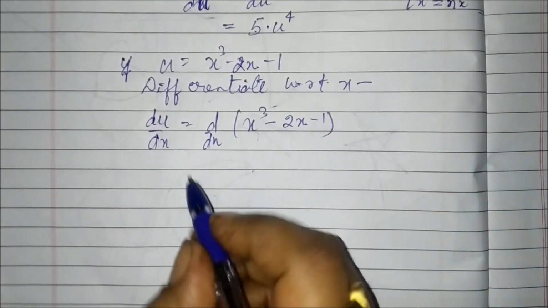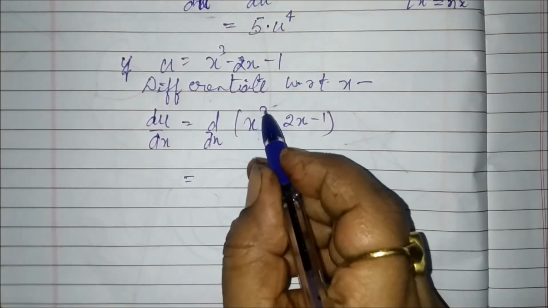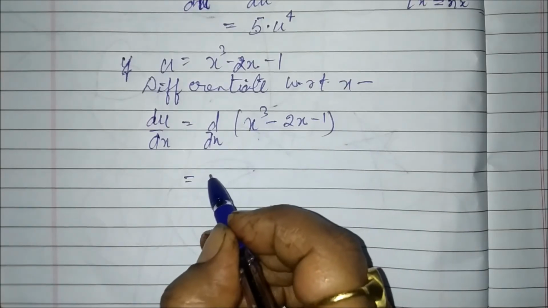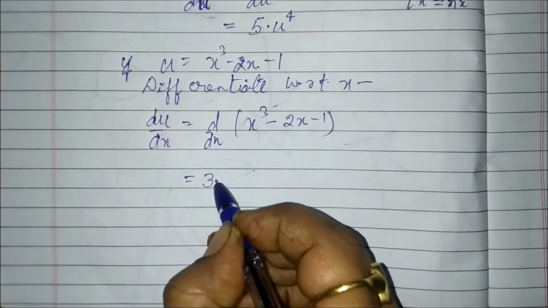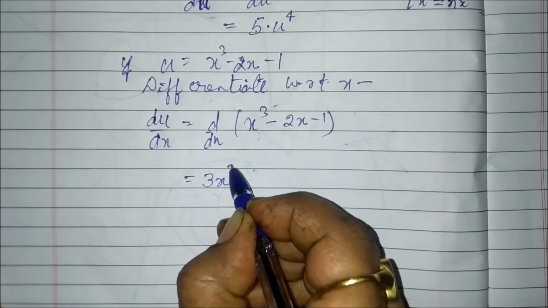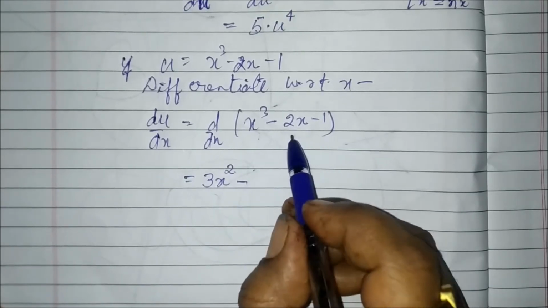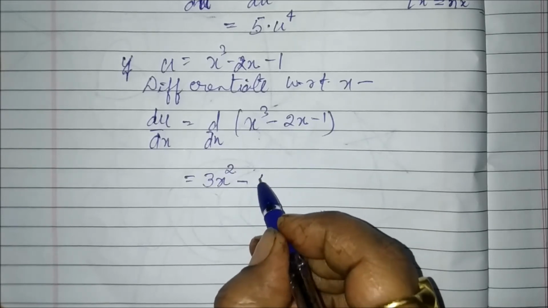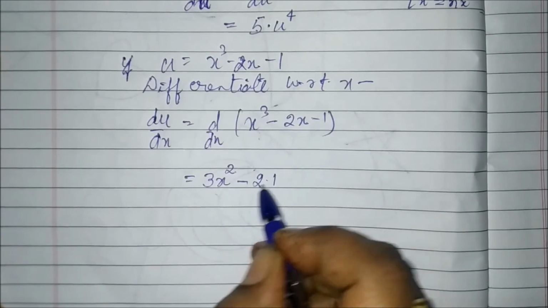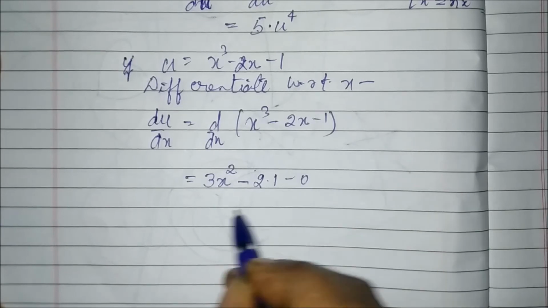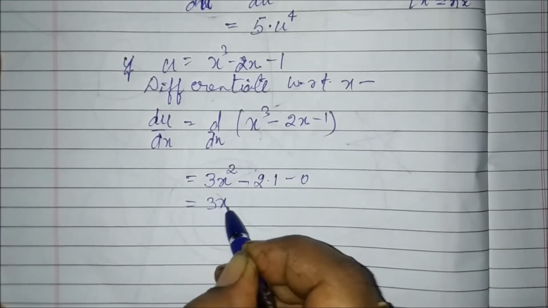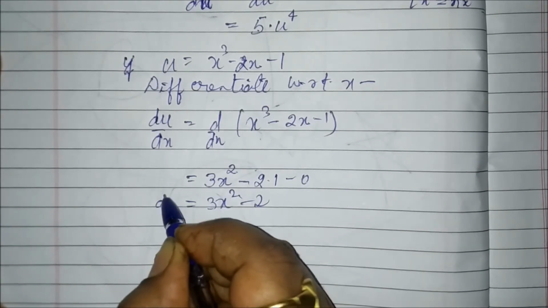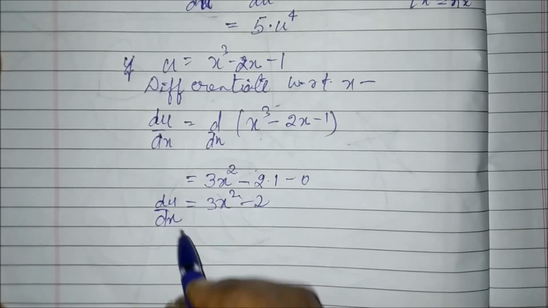The derivative of x cube, like x raised to n, is n x raised to n minus 1, that is 3x square, minus the derivative of 2x, which is 2, since 2 is the coefficient and the derivative of x is 1, and the derivative of minus 1 is 0. So we get 3x square minus 2 as du by dx.